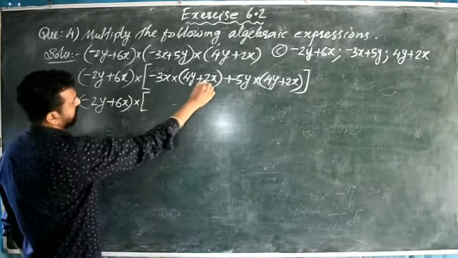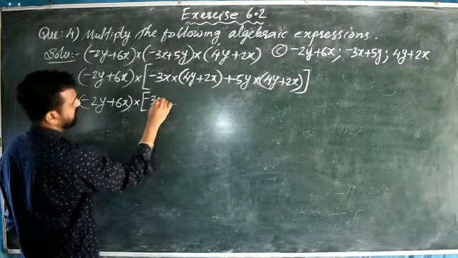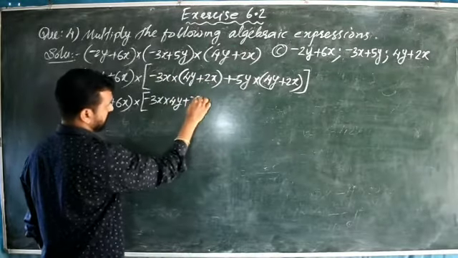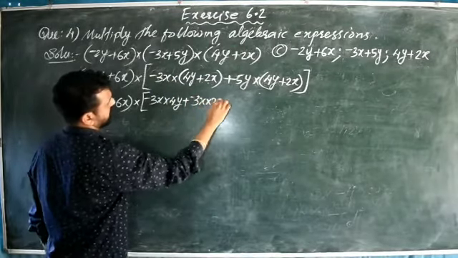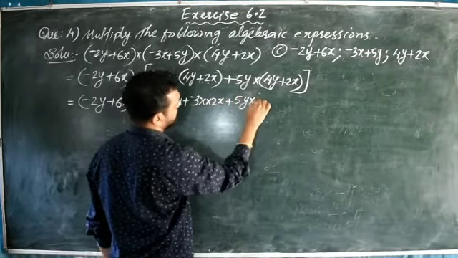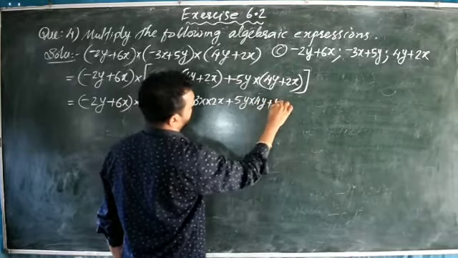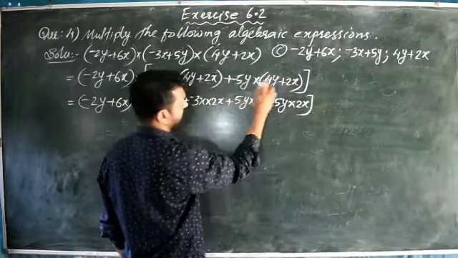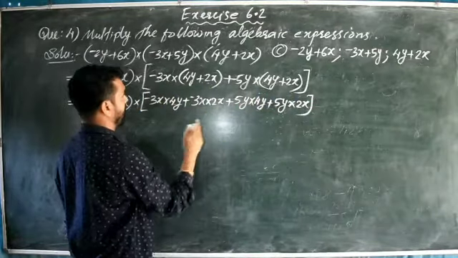Minus 3x into 4y plus 2x, that is minus 3x into 4y plus minus 3x into 2x plus 5y into 4y plus 5y into 2x. Both will come plus.